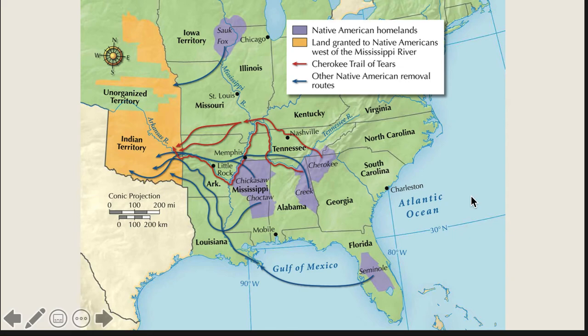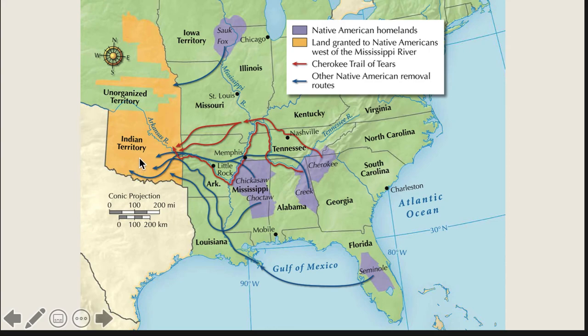Now, I need you to think about this as well, because we're seeing all of these different tribes moving to the same territory. These different Native American tribes have different languages, they have different religions, they have different methods of farming, they have different histories, they have different cultures, and they're all being shoved into this one Indian territory.